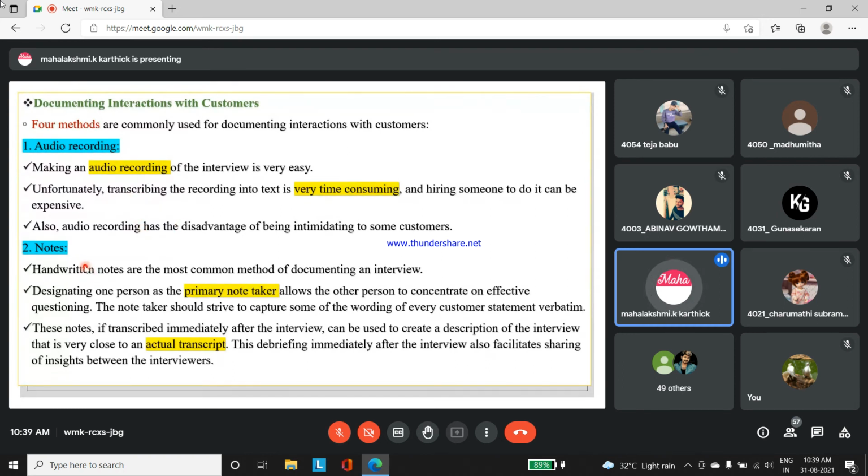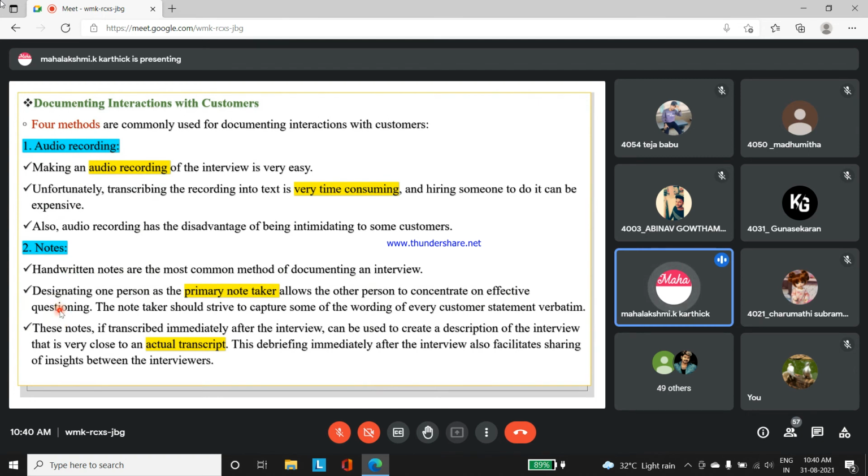Then they followed another method called notes. Handwritten notes are the most common method of documenting an interview. They assign a particular person as the primary note taker. That person has to concentrate on effective questioning.